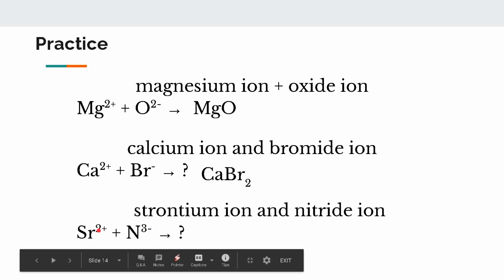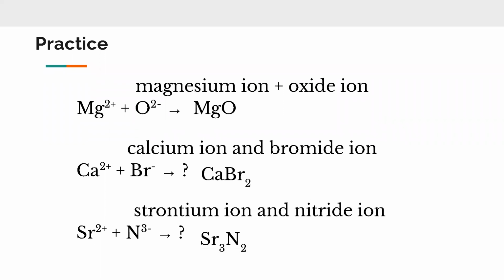The closest number between 2 plus and 3 minus is 6, right? So in order to obtain 6, 6 divided by 2 is 3, so you need 3 strontium ions, and 6 divided by 3 is 2, so you need 2 nitride ions. The final answer would be Sr3N2. Then you can see that the charge of Sr becomes 6 plus, and the charge of N becomes 6 minus, because 3 times 2 is 6, and 3 times 2 is 6, right?